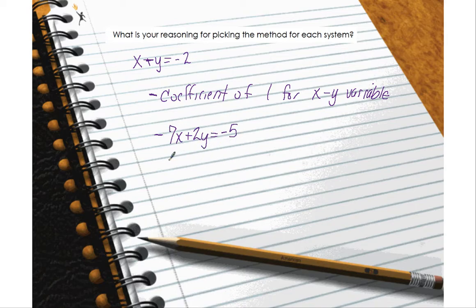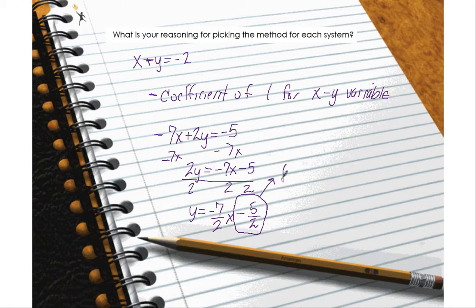I'd subtract 7x from both sides and get 2y equals -7x minus 5, and divide everything by 2. I'm going to end up with y equals -7/2 x minus 5/2. And that's a little more challenging to graph. So if I have a fractional y-intercept, I want to choose substitution or elimination.